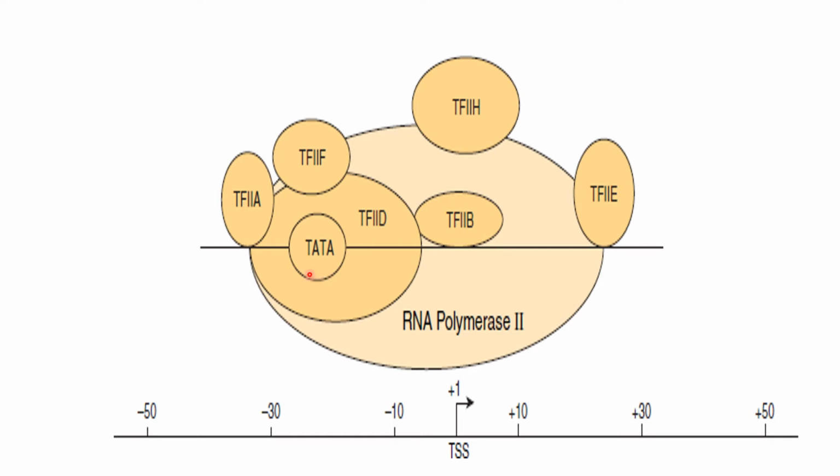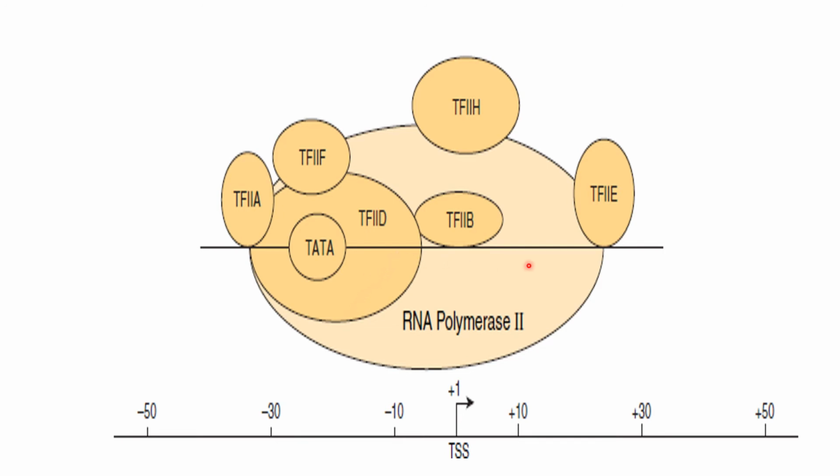The TATA box binds the TATA binding protein, TFIID, TFIIF, TFIIA, TFIIB, H, E. All of these general transcriptional factors are recruited in a series.